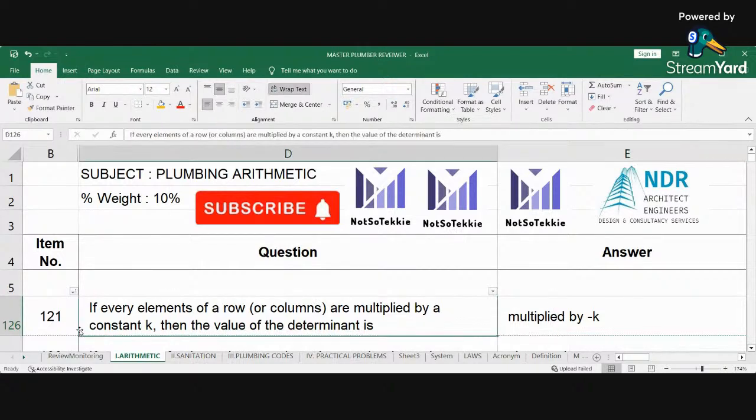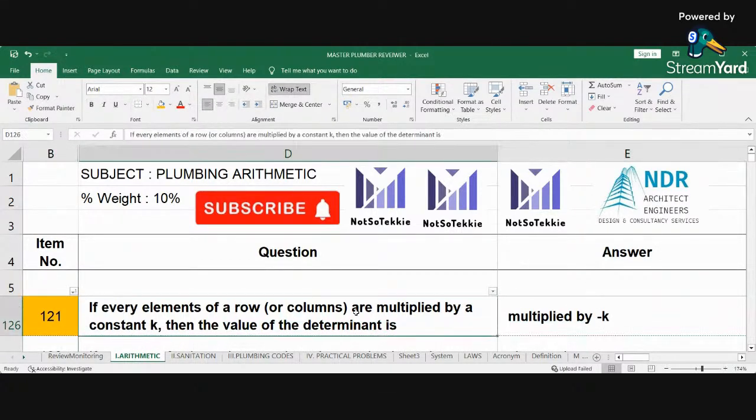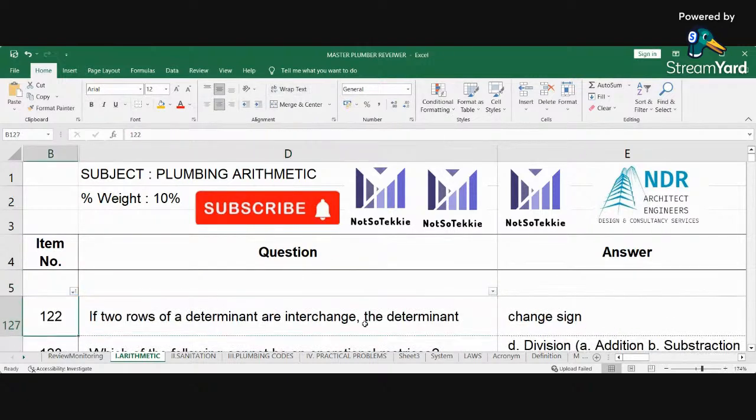If every element of a row or column is multiplied by a constant k, then the value of the determinant is multiplied by k. Answer is multiplied by k. And 22.